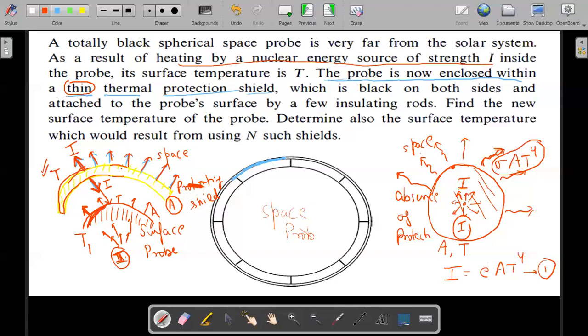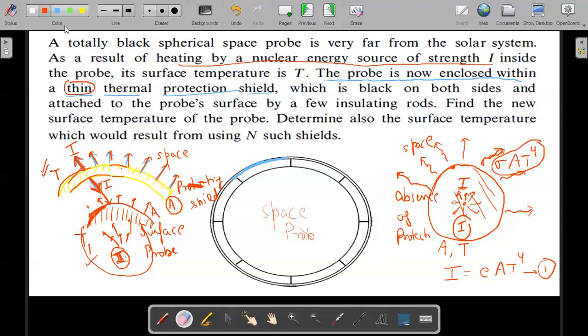One, from the inner surface of the protecting shield at the rate capital I, and one which is inside the spherical probe, which is again at the same rate I. So our spherical probe is now receiving energy from two sources at the same rate I, and therefore the total rate at which this probe is now receiving energy is 2 times I, and for thermal equilibrium it must radiate outward the same amount of energy.